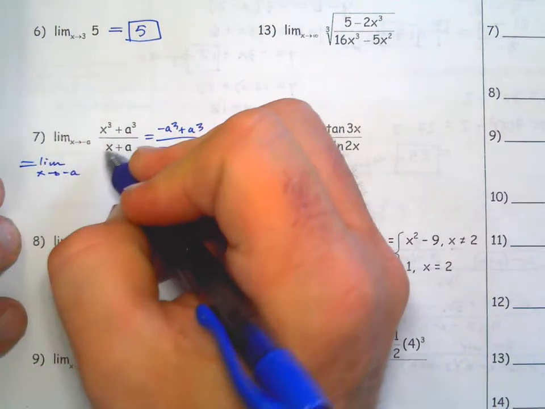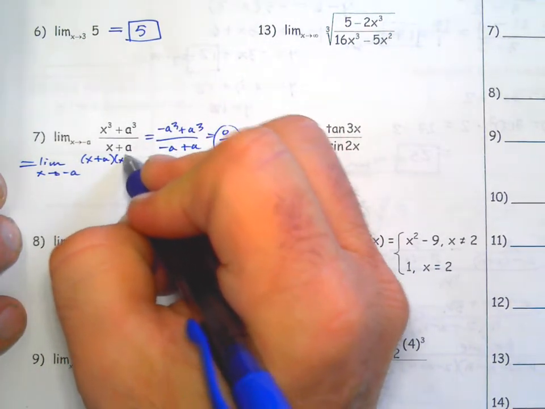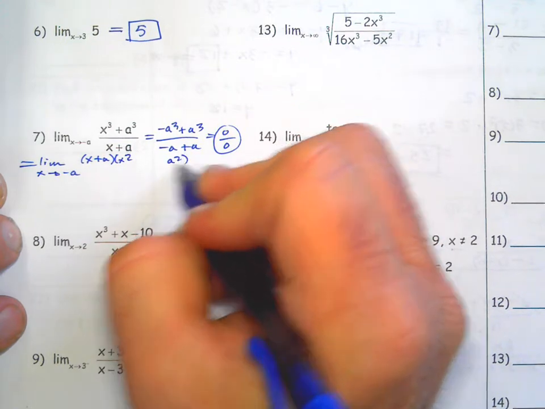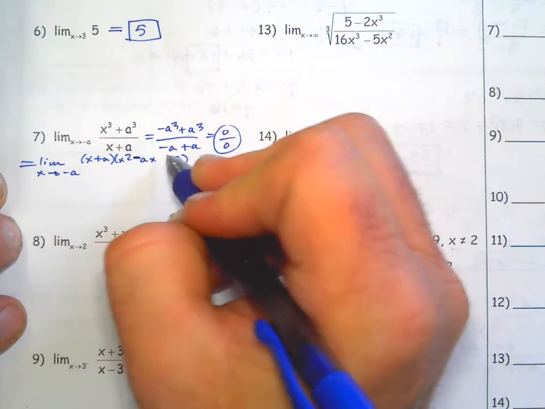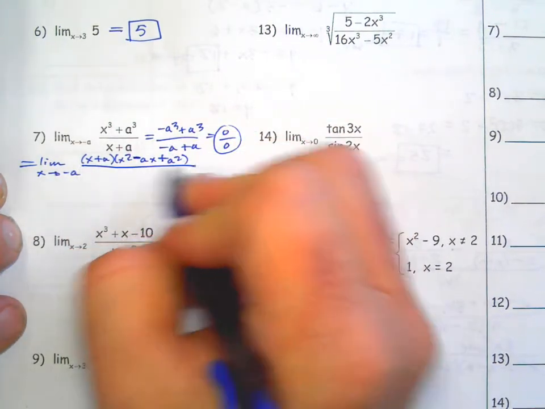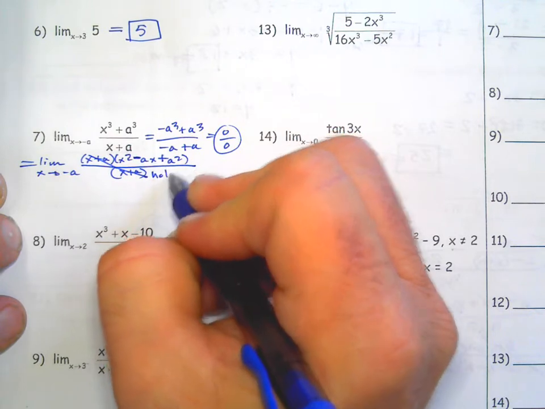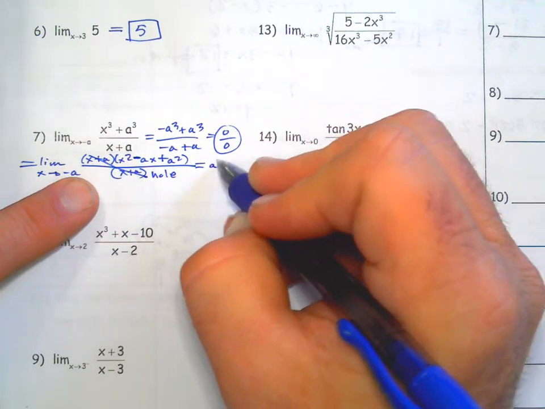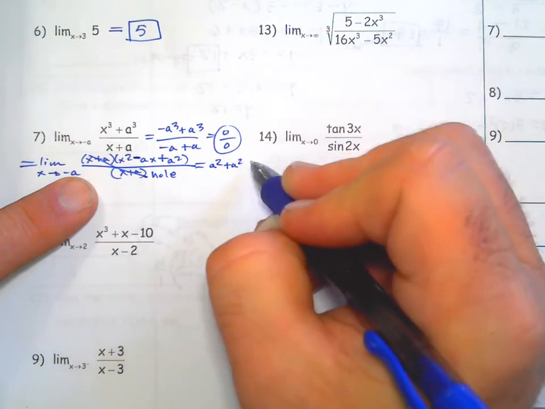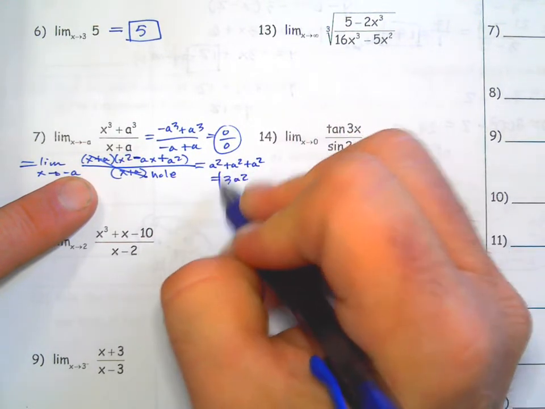So this is a sum of cubes, so it's going to be x plus a, x squared, ax in the middle, same, opposite, always positive, over x plus a. There's the hole, cancels out. We're going to then plug negative a back in here, and we get positive a squared, positive a squared, positive a squared. You get 3a squared, right?